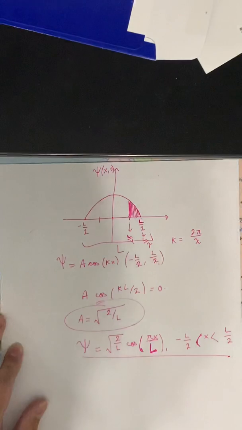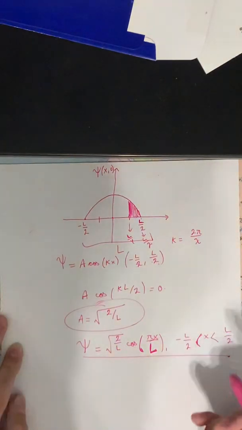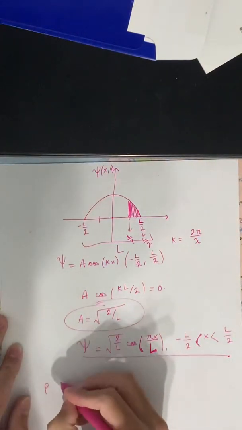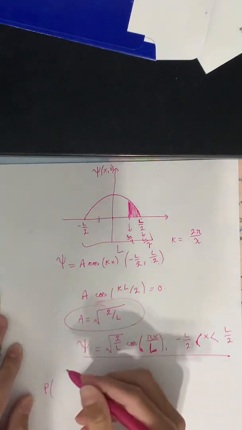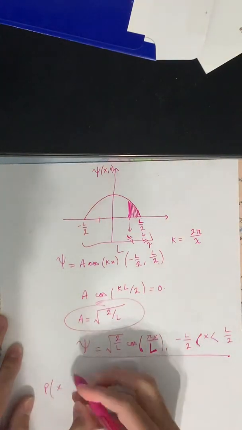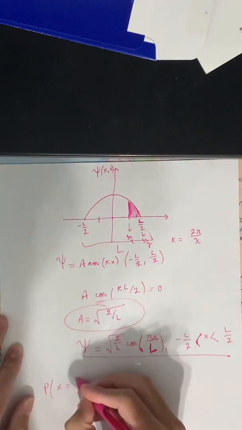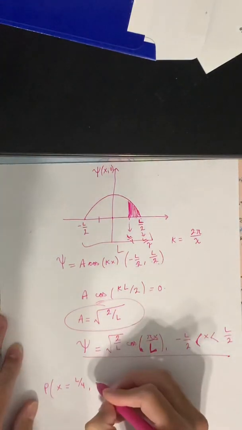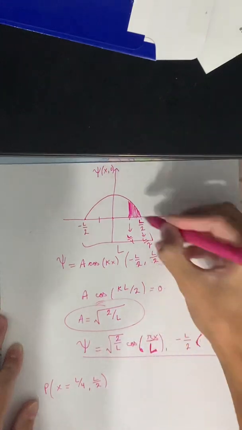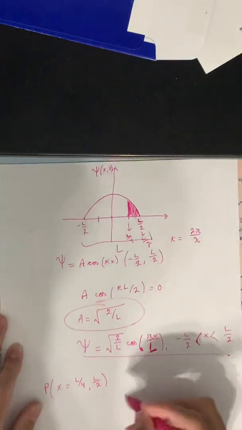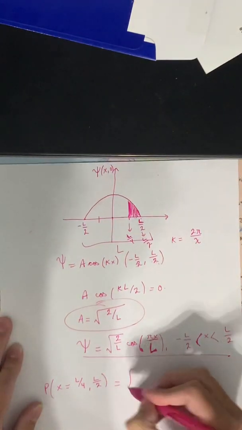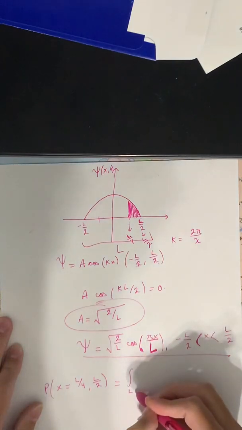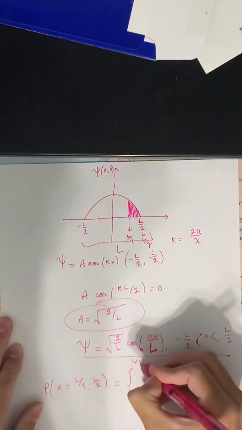Well, the formula for probability density for this example, and it's related to what we talked about earlier. So the probability from x equals a fourth of L to L over 2, just like we said here, the shaded value, is going to be equal to the integral from L over 4 to L over 2, right?